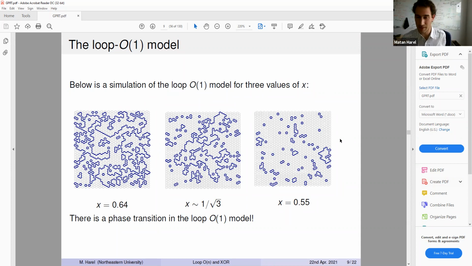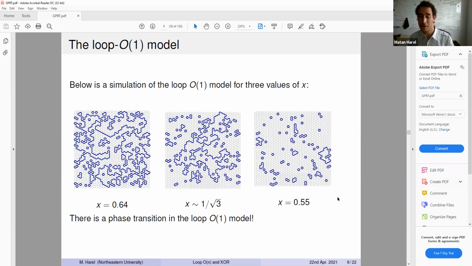Whether it's super or subcritical depends on exactly your notation. I think of this as a supercritical phase, because if you consider the colors, one of the colors dominates here. This is, I guess, blue dominating over red in the picture that I have here. You just consider the 2 color interfaces that is associated with the loop O1 model.